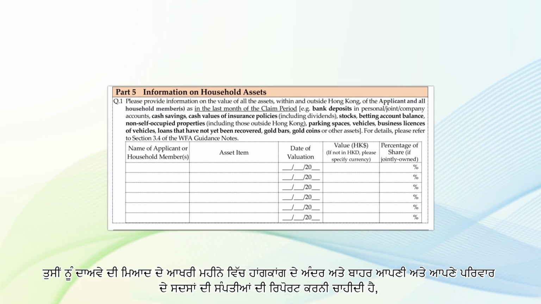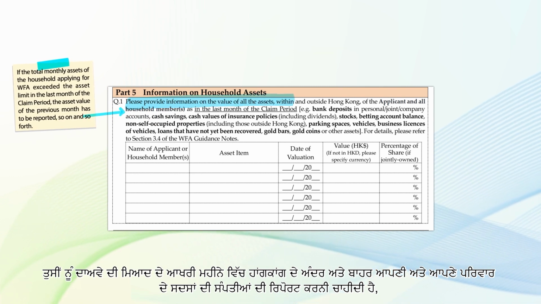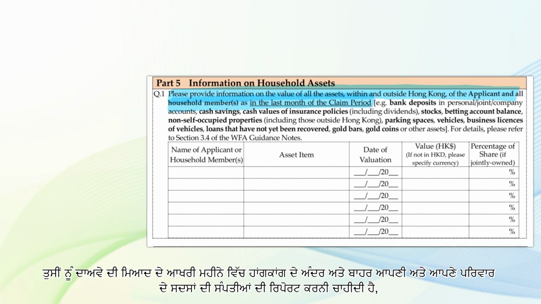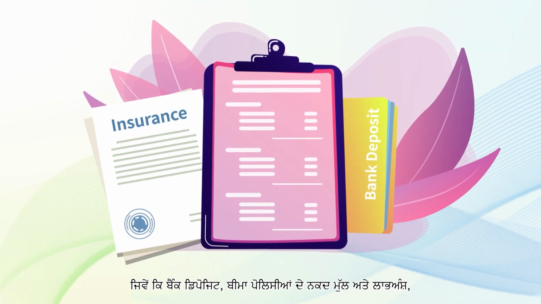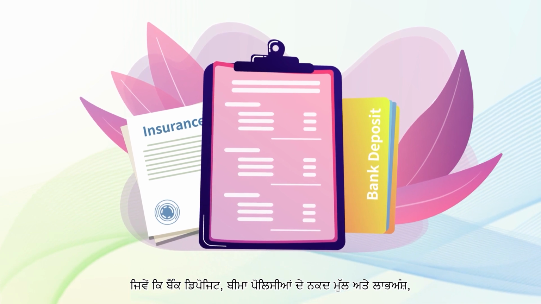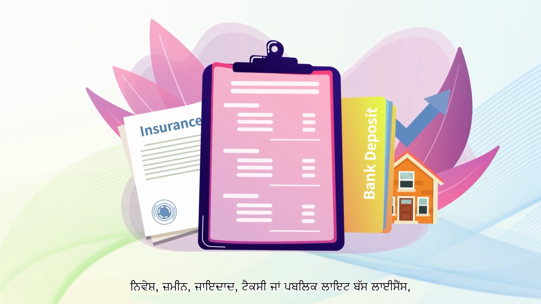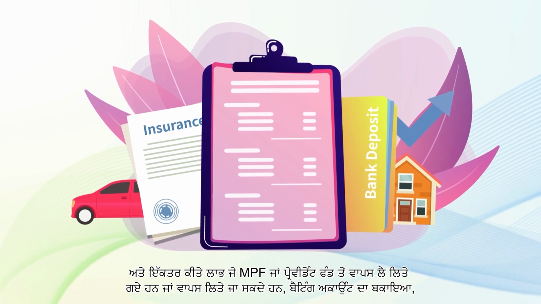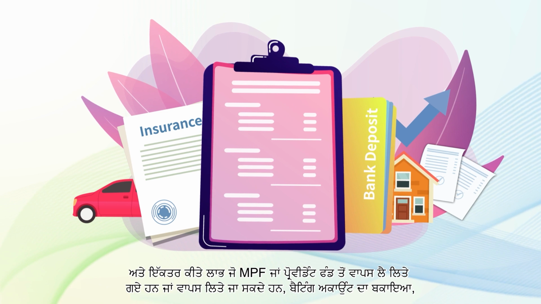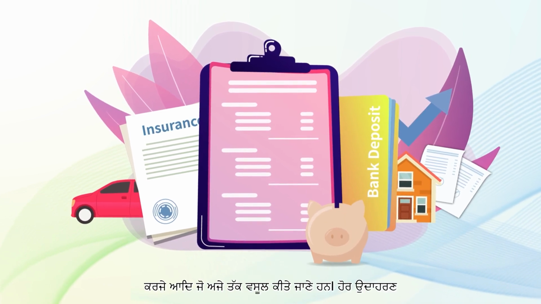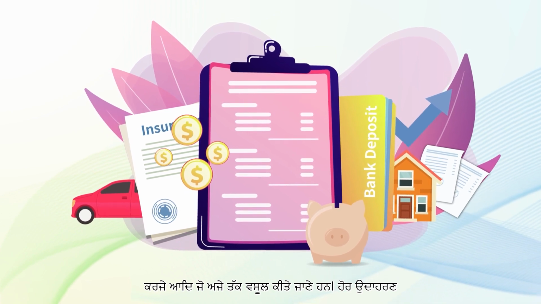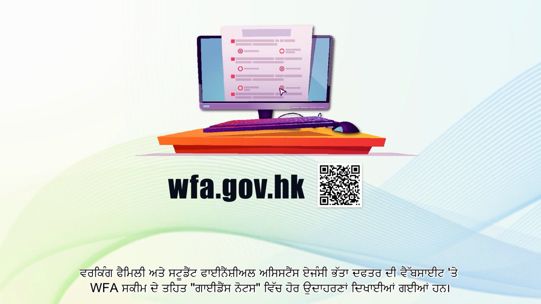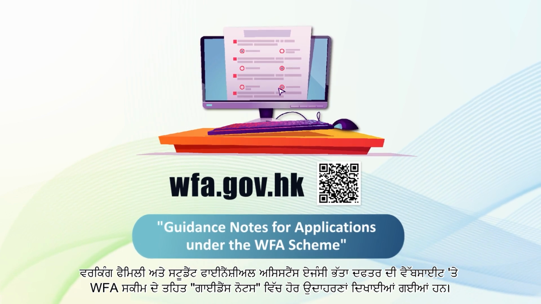You must report all your assets and those of your household members within and outside Hong Kong as in the last month of the claim period, such as bank deposits, cash value and dividends of insurance policies, investments, land, properties, taxi or public light bus licenses, and the accrued benefits that have been withdrawn or could be withdrawn from the MPF or Provident funds, betting account balance, loans that have yet to be recovered, etc. More examples are shown in the Guidance Notes for Applications under the DUFA scheme at the DUFA's website.